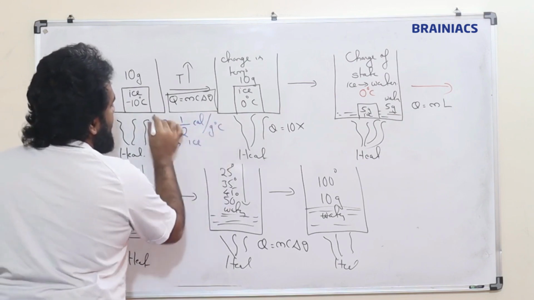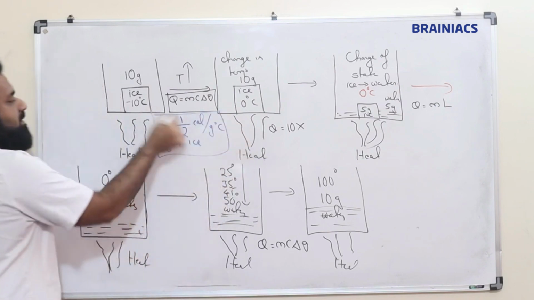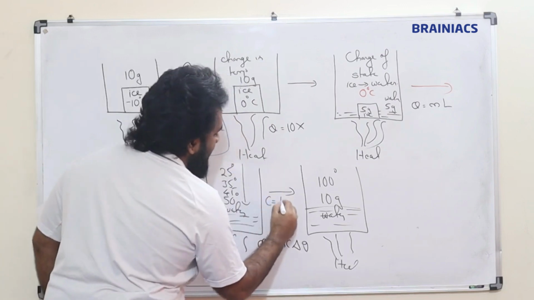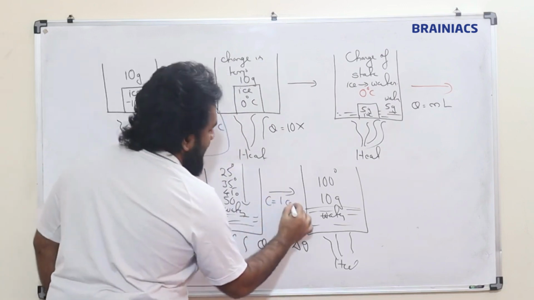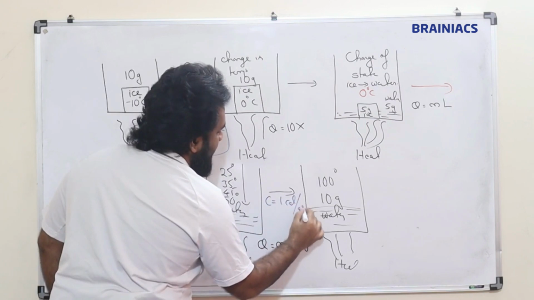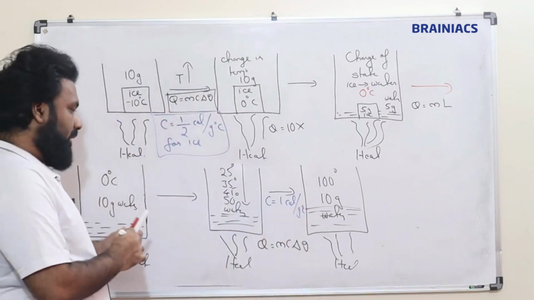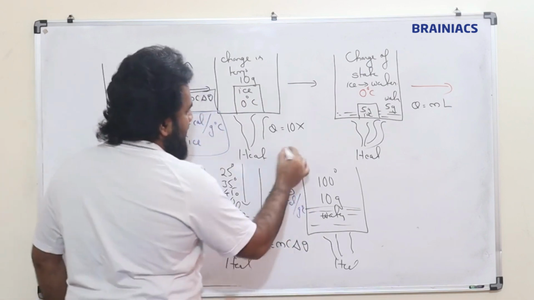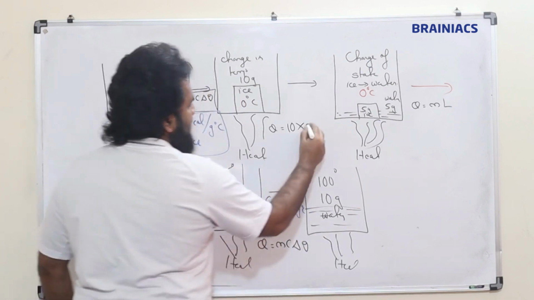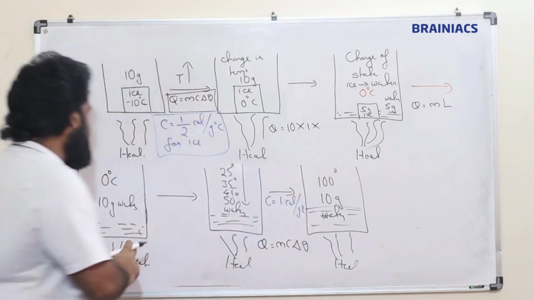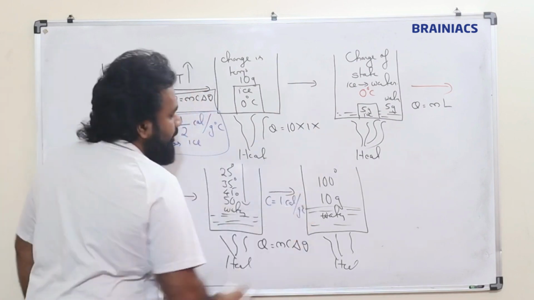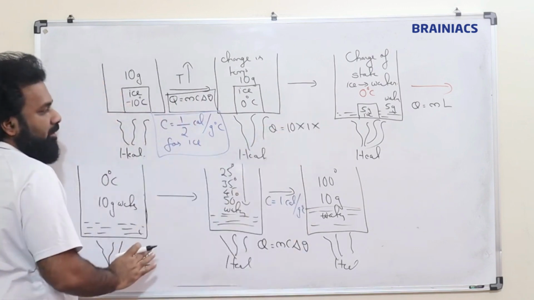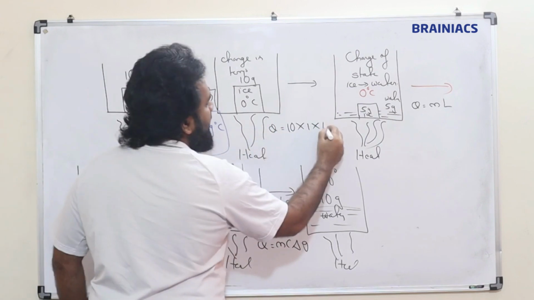The specific heat capacity of ice is half. Now the specific heat capacity of water is 1 calorie per gram degree centigrade. So if we calculate this, 10 into C which is 1, into the change in temperature, 0 to 100.